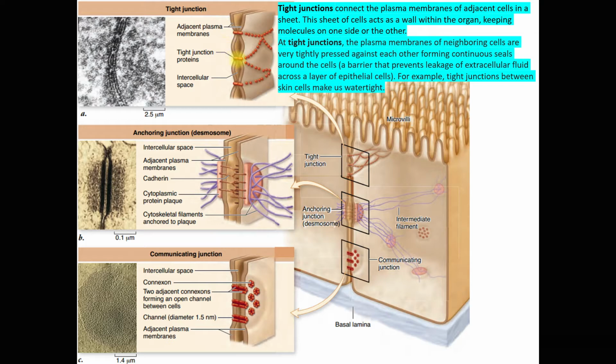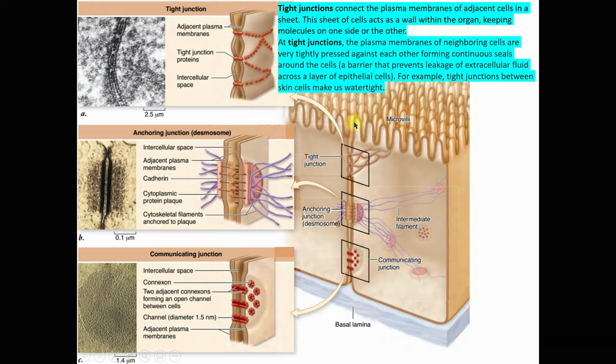Contoh tight junction ni ialah di antara sel kulit kamu, between your skin cells or your epidermis cells. That makes you watertight. Kalau tidak ada tight junction ni, apa jadi? Bila kamu mandi saja, air masuk dalam badan kamu. Entah mana, pergi mana dah. So tight junction ni makes you watertight.